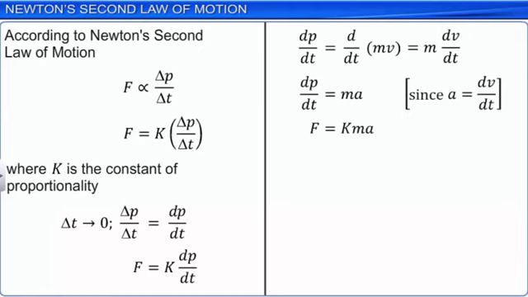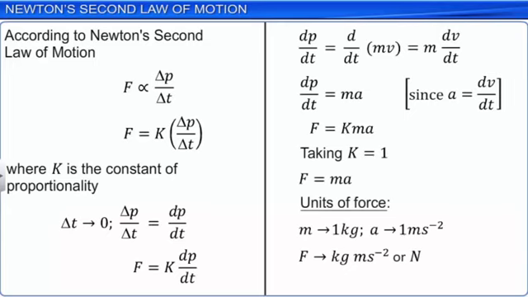By choosing the value of k as 1, we can define the unit of force in the SI system. In the SI system, the unit force is one that causes an acceleration of 1 meter per second square to a mass of 1 kilogram.